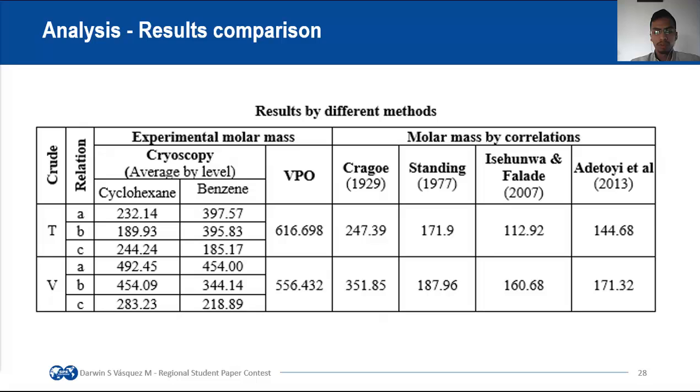Setting the best method will be unreliable because, first, correlations are helpful to estimate, but they are not always able to predict the behavior of other data than those used for their preparation. Second, the ideal solution model is the base for cryoscopy and for osmometry, something in which there is uncertainty according to the trend found in this research.